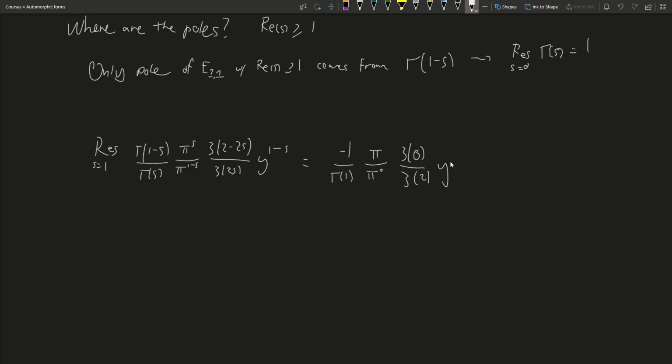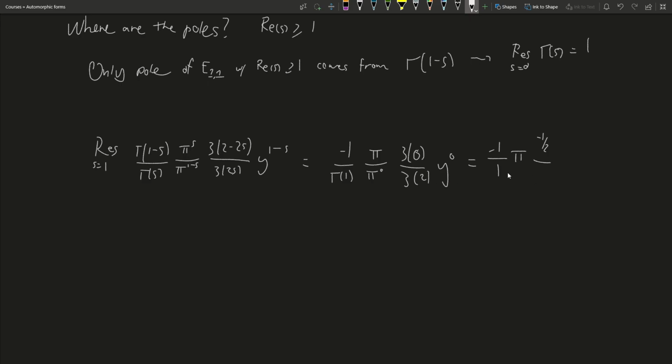And here we have a y to the 0. And now let's just plug in the values that we know for this. So gamma of 1 is 1, and then we have a pi here, and then zeta of 0 is minus 1/2, which you can figure out using the functional equation if you like, but it's also just well known.